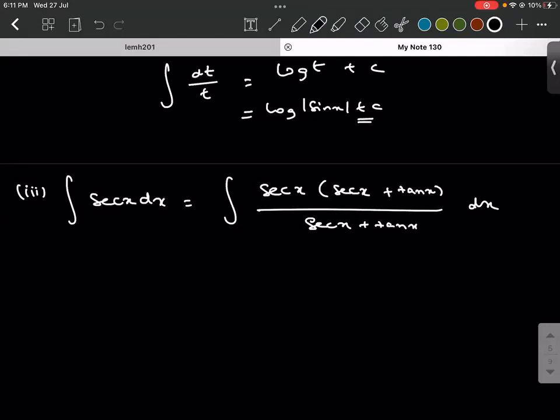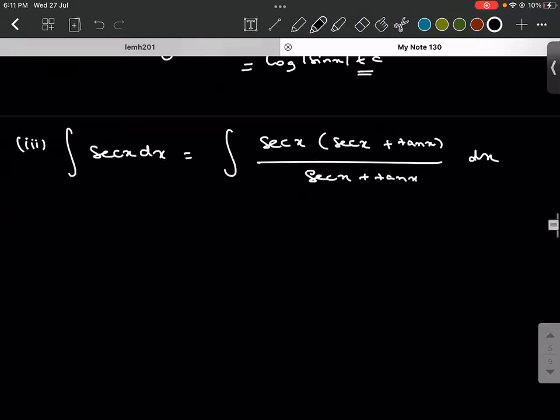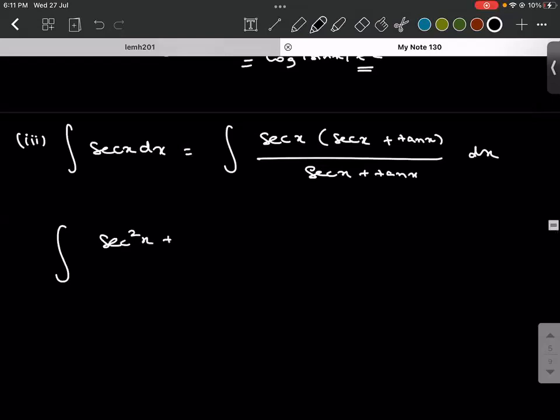So if I have to eliminate the denominator, I should always see that on substituting what value I'm able to eliminate the denominator. In this case, the numerator becomes secant square x plus secant x tan x. Now I'll start doing the reverse application. The derivative of which function is secant square x? Tan x. Derivative of which function is secant x tan x?